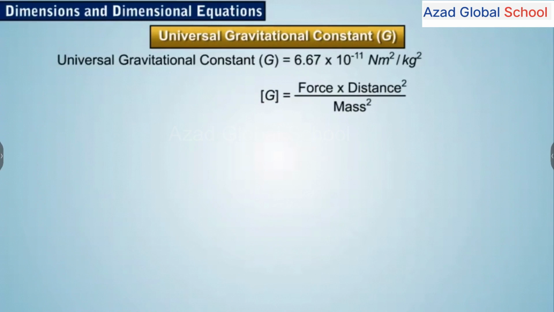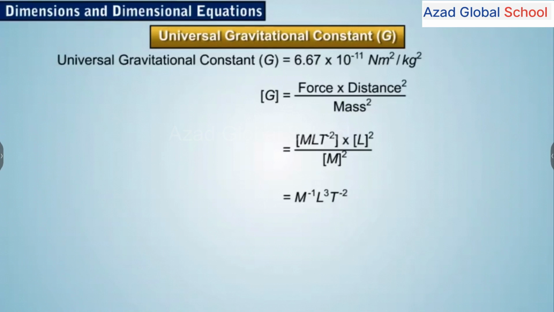Thus, the dimensional formula of G is obtained as shown. We obtained the dimensional formula of G as M^-1 L^3 T^-2. You will learn about G in detail in later chapters.